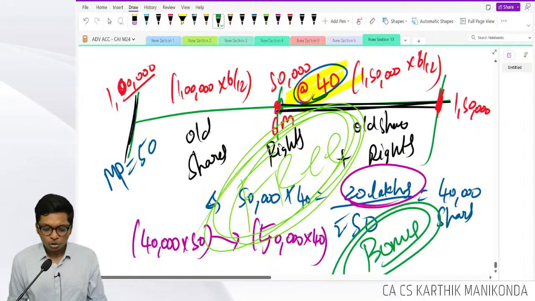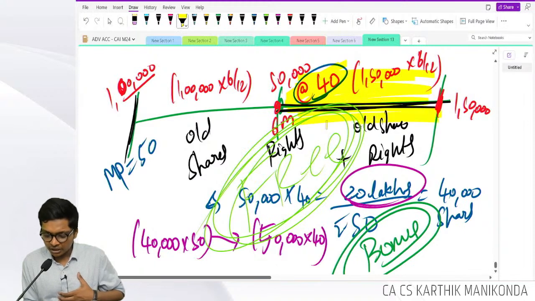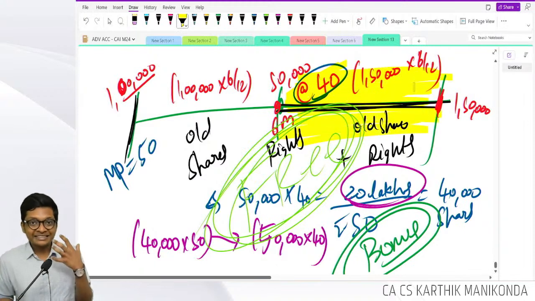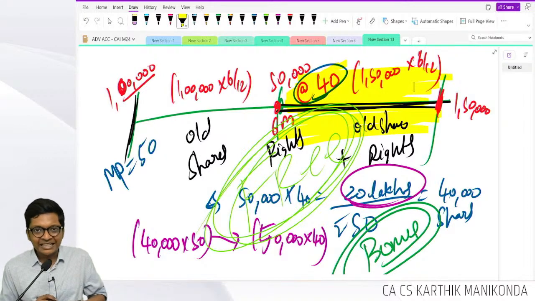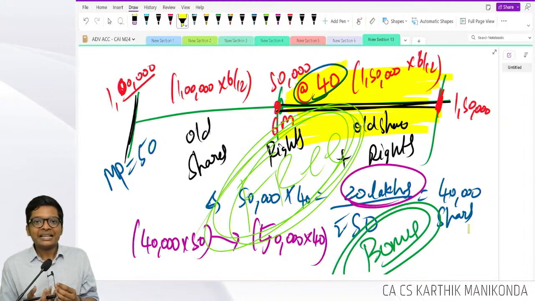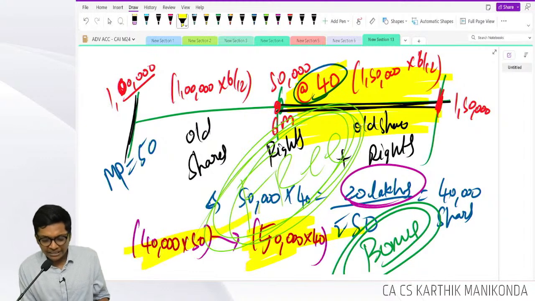That means something is given for free, or can I just say there is some element of bonus in the rights issue. So when I summarize, such a rights issue in the second half of the year is inclusive of bonus. Just know it. What is the bonus, sir? Where I was supposed to give 40,000 shares at 50, I gave 50,000 at 40.